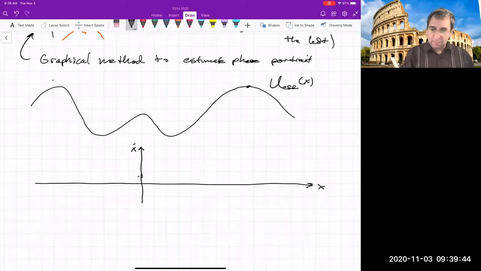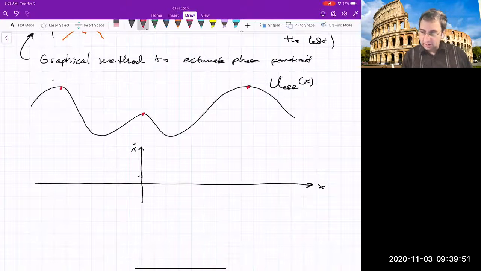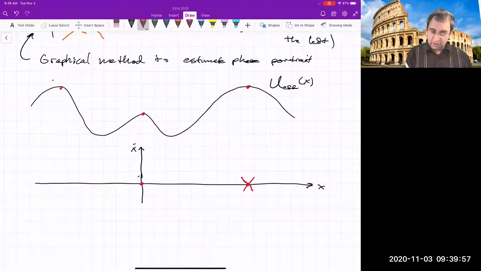Wherever we have a hilltop, I'll put those in red, hilltops, we've got a saddle point. We have an equilibrium point. Maybe that's the first thing to know. Equilibrium point means x dot equals 0. There's no motion.